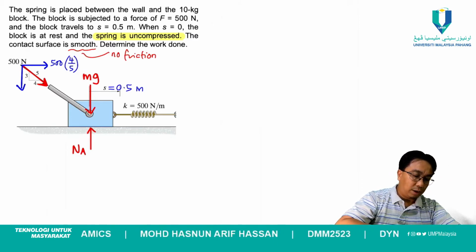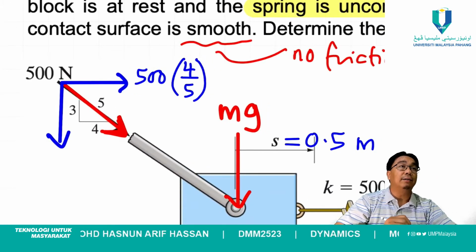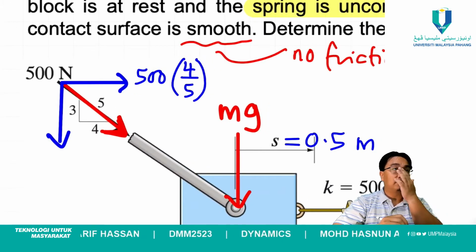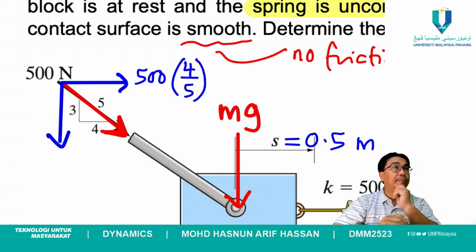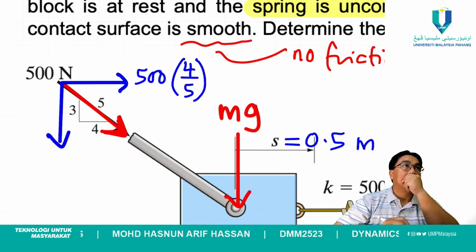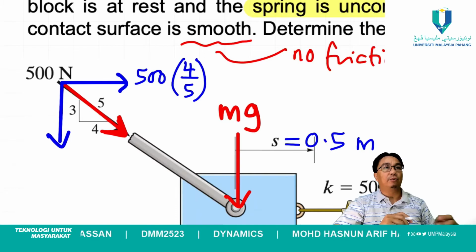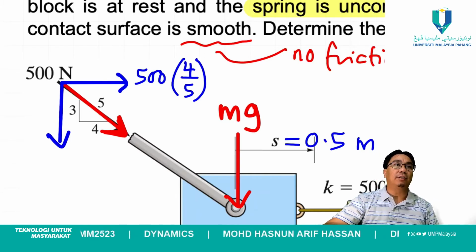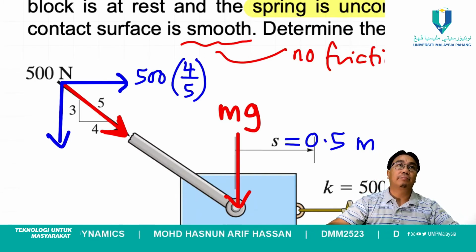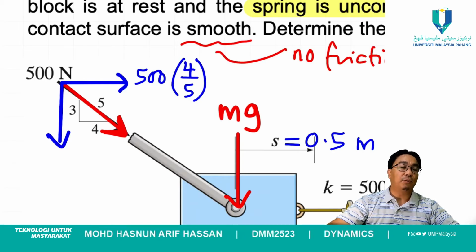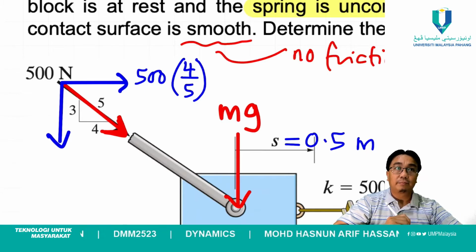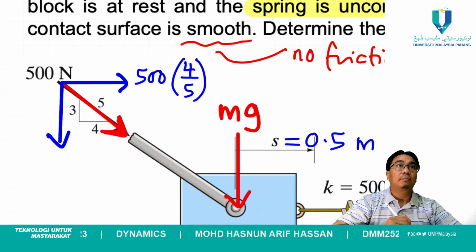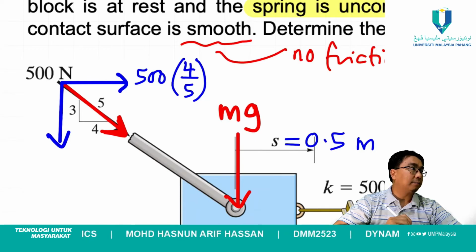Do you know how to use this small triangle here? Ada tak yang tak tahu macam mana nak guna? Do you want me to explain how to use that small triangle? Ataupun you dah tahu dah? Sir, ada masalah internet, sir. Masalah internet?